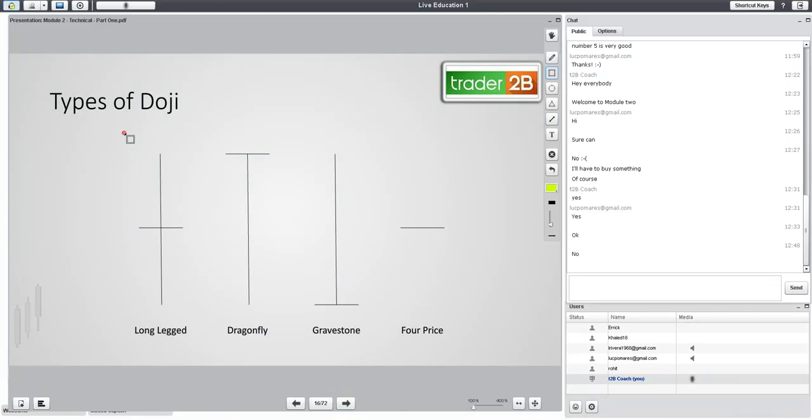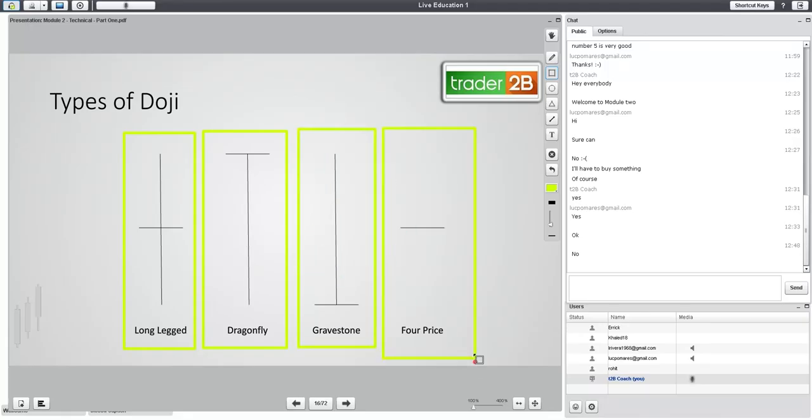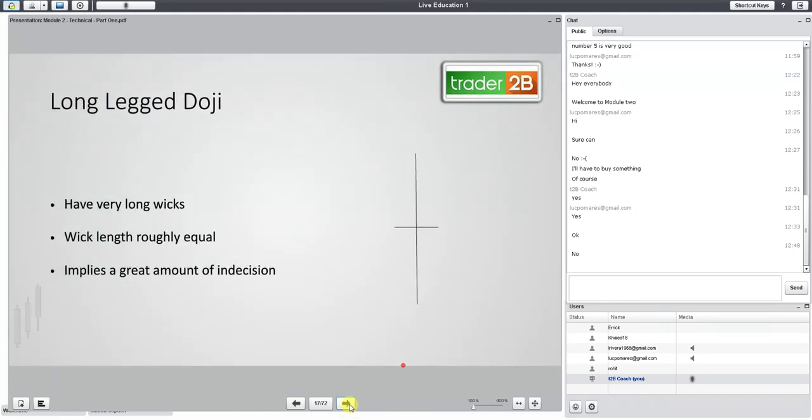The first one we have here is the long-legged doji. The next one is the dragonfly. Then we have our gravestone, and lastly our four-price dojis. Again, you may have seen these referred to by a different name, but these are the names that I will be using.